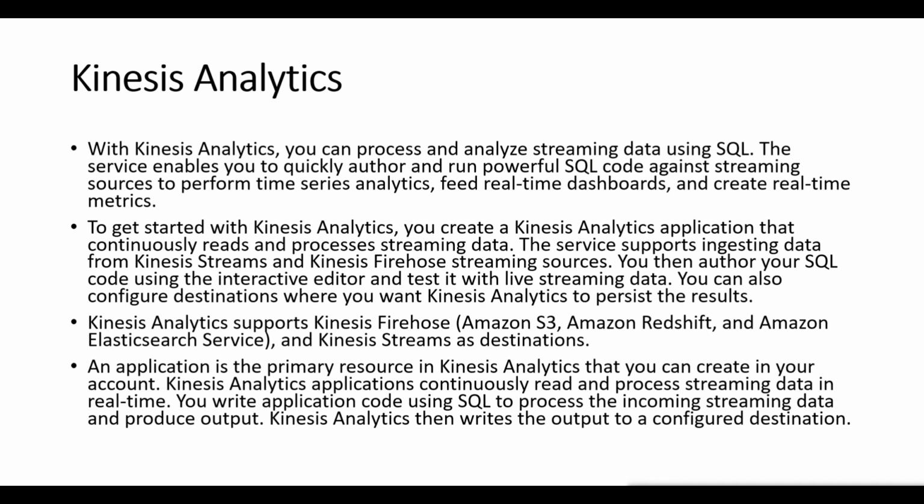An application is the primary resource in Kinesis Analytics that you can create in your account. Kinesis Analytics applications continuously read and process the streaming data in real time, as we discussed earlier. You write application code using SQL to process the incoming streaming data and produce output. Kinesis Analytics then writes the output to a configured destination.